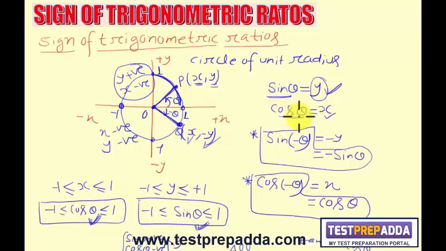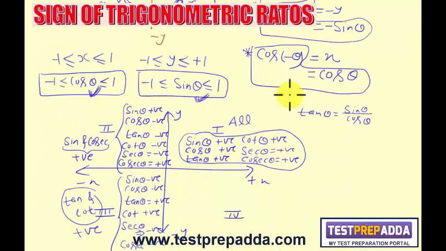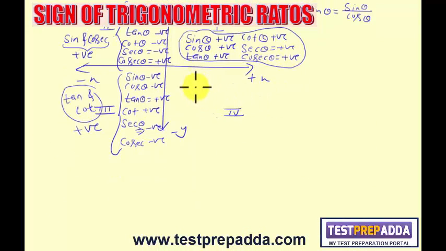So cos theta will be positive, sine theta will be negative in this fourth quadrant. So here I can write cos theta positive, sine theta negative. So what about tan? Tan is the ratio of sine upon cos. So it will also be negative.